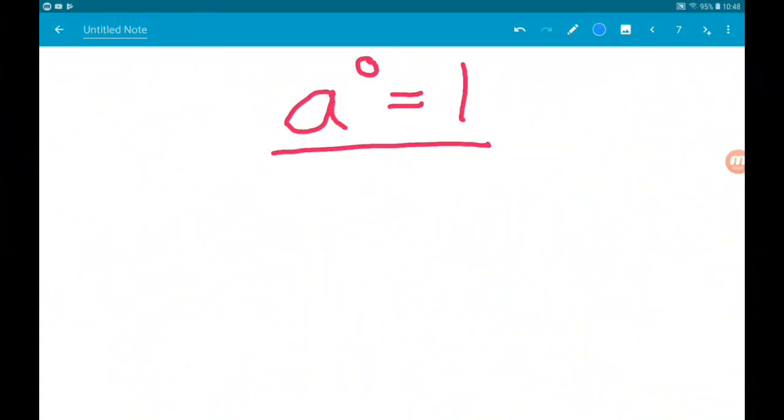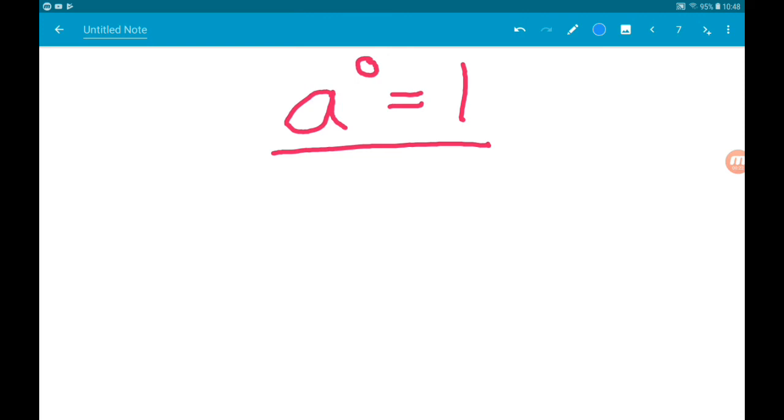Okay then, so why is this true? Probably seems a bit strange, maybe seems more like the answer should be 0. Well, remember at the start of the video I told you an index or power tells you how many times to multiply 1 by a number.